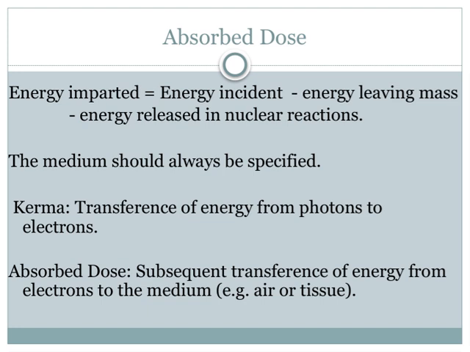It's the transfer of energy from these energized electrons to the medium itself, whether that's air, tissue, or another material. So, to recap, Kerma involves the initial energy transfer from photons to electrons, and absorbed dose is about that energy being transferred from electrons to the medium. Both concepts are fundamental in understanding how radiation interacts with matter, and they tie into the overall theme of radiation dose measurement and safety.